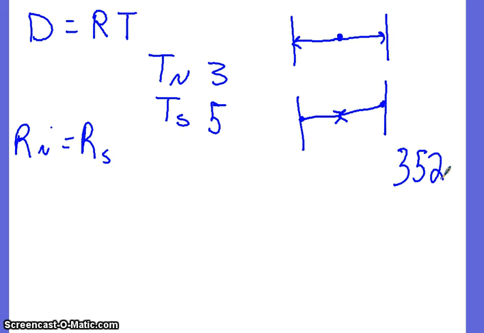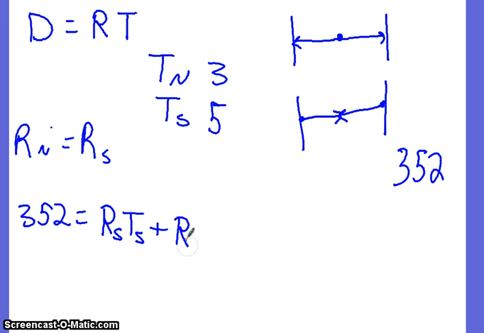Okay, remember distance equals R times T? All right, so the equation we can make with that is 352 equals RS TS plus RN TN, because it's their two distances together that can help us figure out this problem.